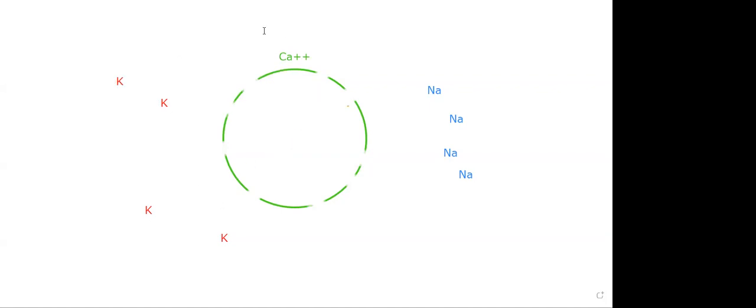And one of the medications that causes that is sodium bicarbonate. And sodium bicarb will return this potassium into the cell.